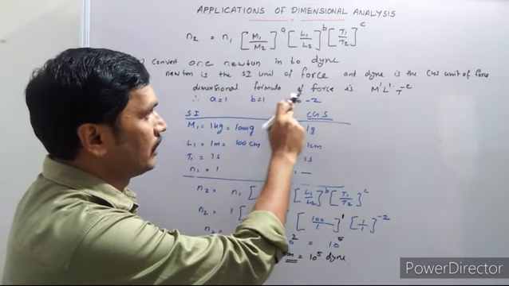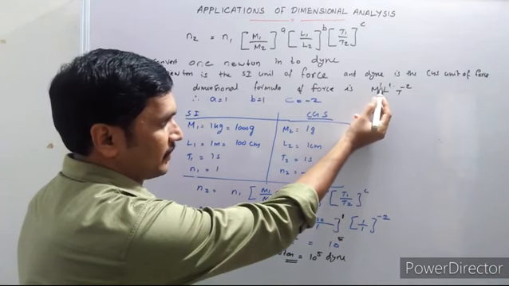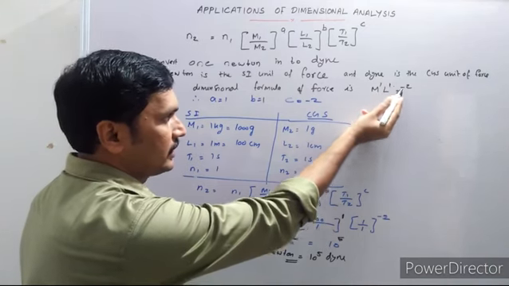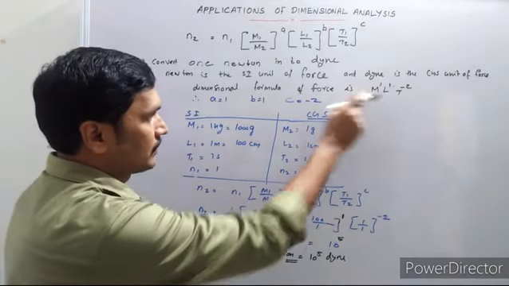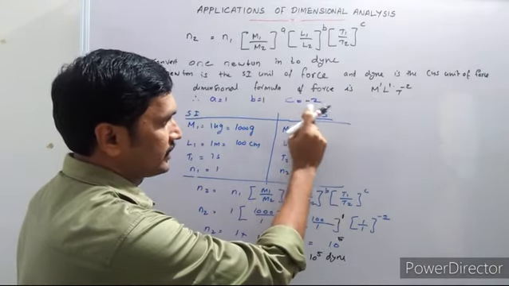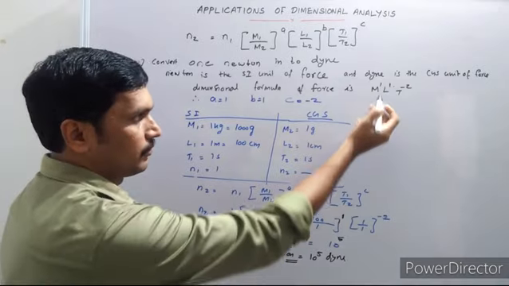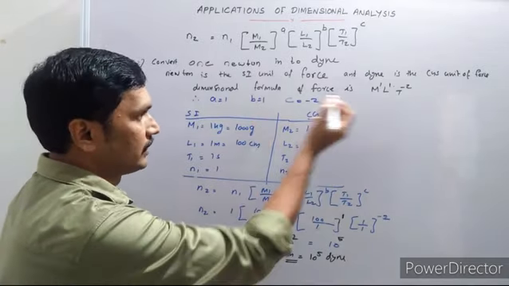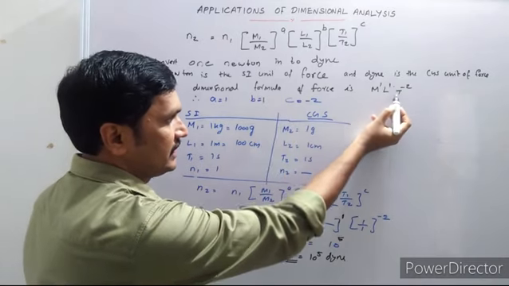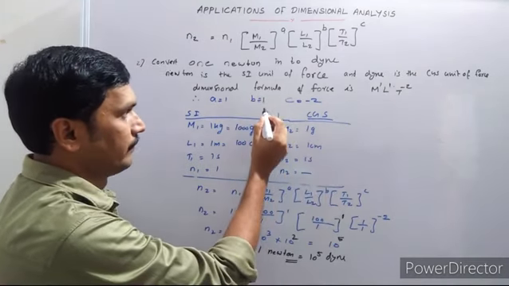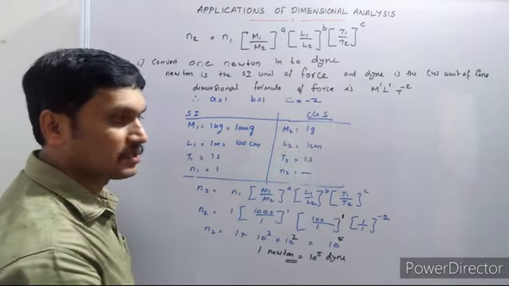The dimensional formula of force is M raised to 1, L raised to 1, T raised to minus 2. The power of M is A, the power of L is B, and the power of T is C. So A equal to 1, B equal to 1, C equal to minus 2.